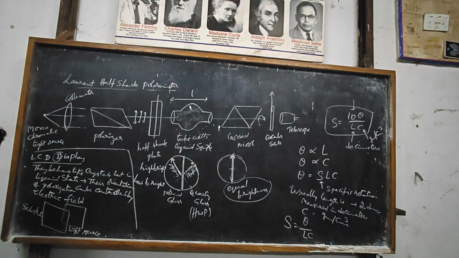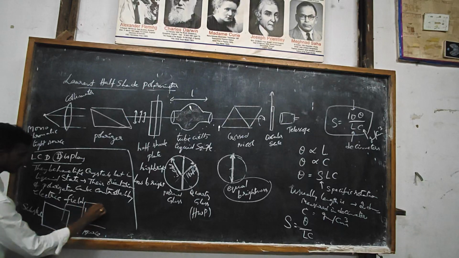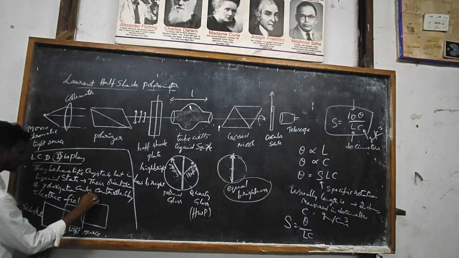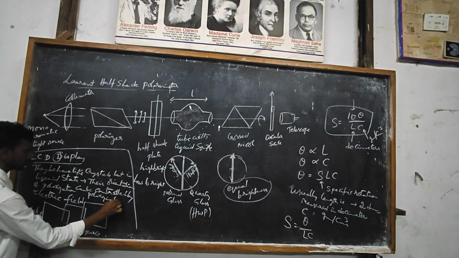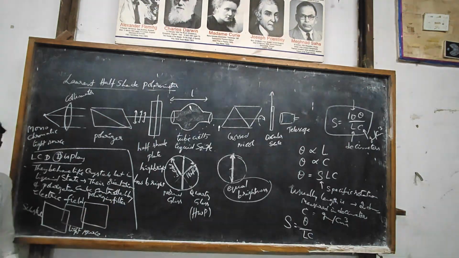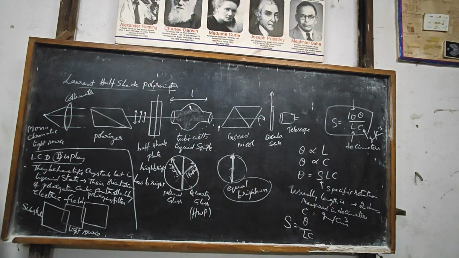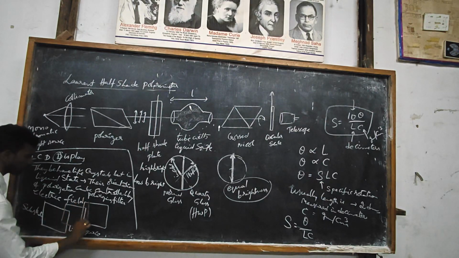They are not shown in the diagram in the textbook. So substrate, light source, polarizing filter. So next to the light source you have the polarizing filter.